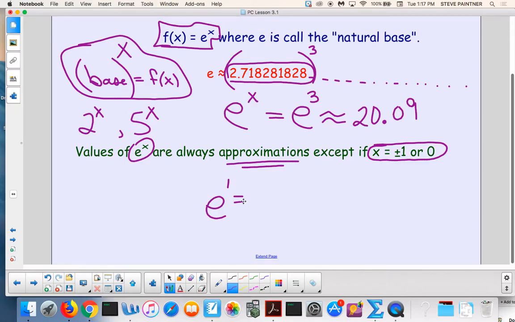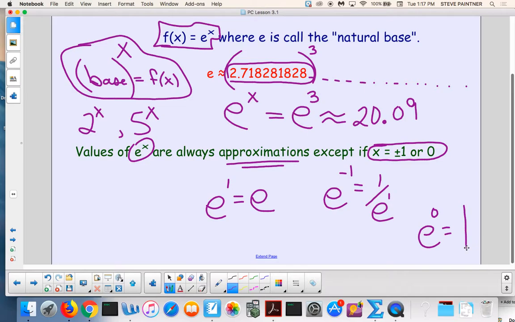Because you're giving me the rounded answer. Just say what? E. What's e to the -1? 1 over e to the +1, right? What's e to the 0? 1.